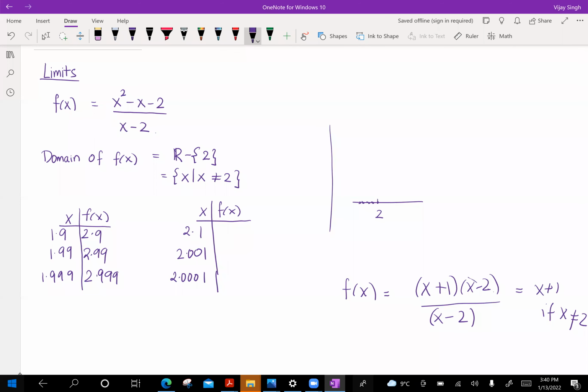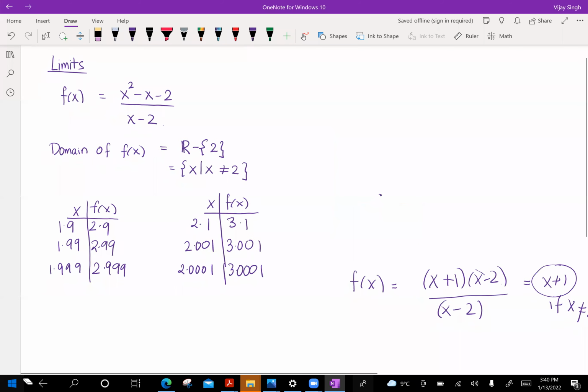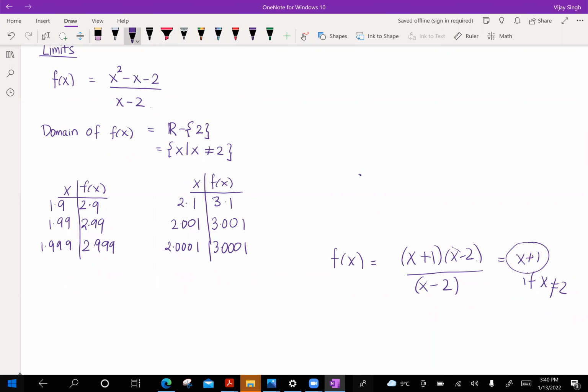Similarly, if you look from the other side, we have 3.1, 3.001, because it's x plus 1, right? 3.0001. So what does it look like? It looks like the following. As x goes to 2, f of x goes to 3. What do you mean by goes?